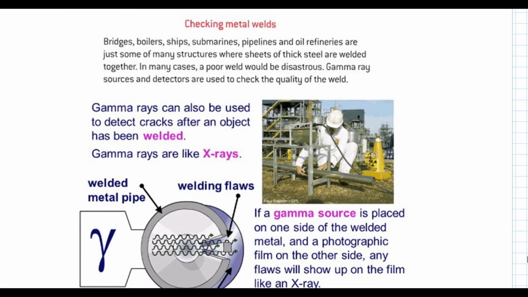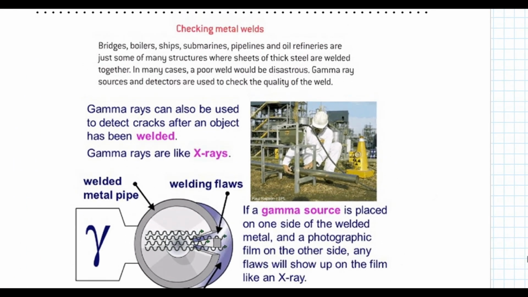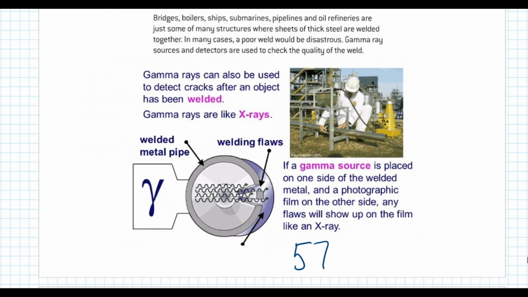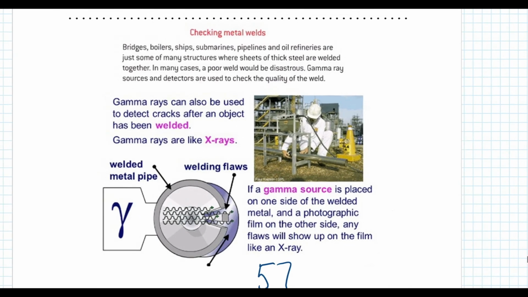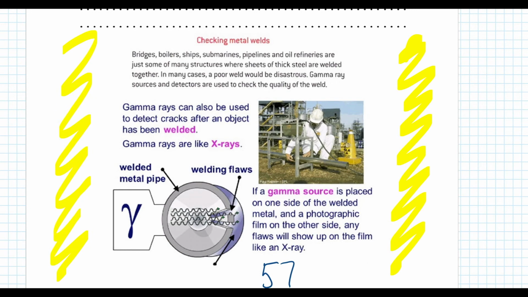A couple of other applications here of radioactivity: checking metal welds, and the penetrating power of gamma is used in this application. I'll just ask you now then, please, if you can read through this section here yourselves. And when you've done that, press play.